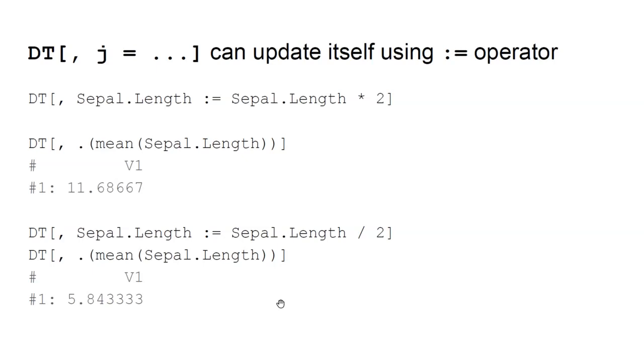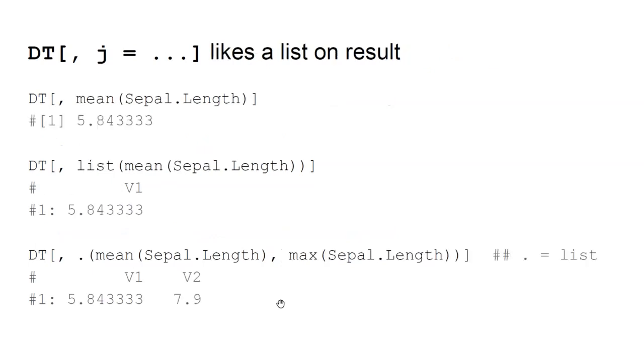What is useful to note here is that when we use this operator, we don't assign results to a new variable, because the object that we are calling this function on will be updated in place. So here we will multiply one of the columns by 2 in the first line, and then the second line just calculates means. As we can see, it's twice as much as in the previous slide.